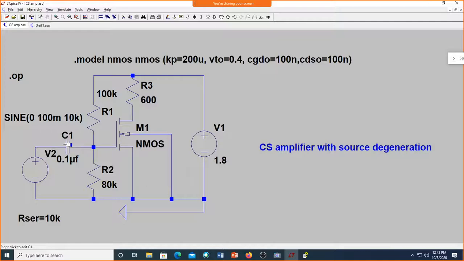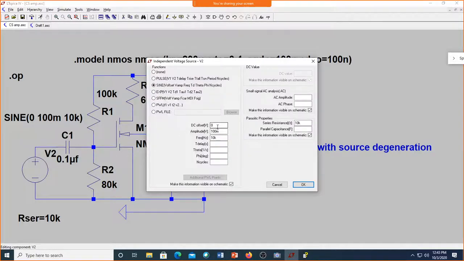Now, since we are doing the frequency response, I cannot use this sine wave having a single frequency. Note this very carefully. Whenever you do a frequency response, the source cannot be sine, because in the sine source you are specifying the amplitude as well as the frequency, which is for a single frequency.